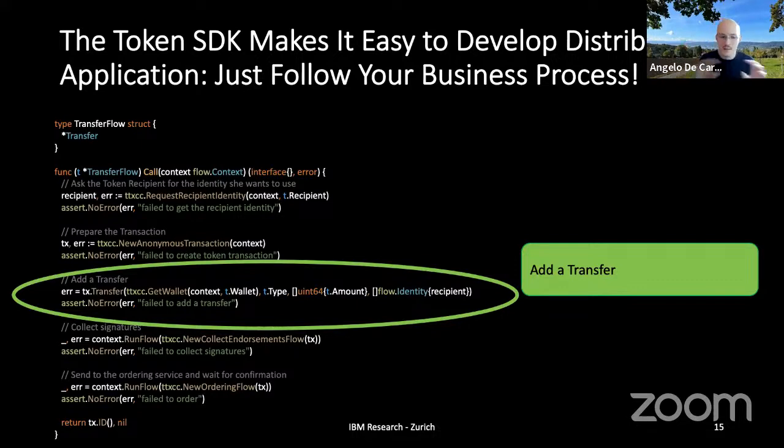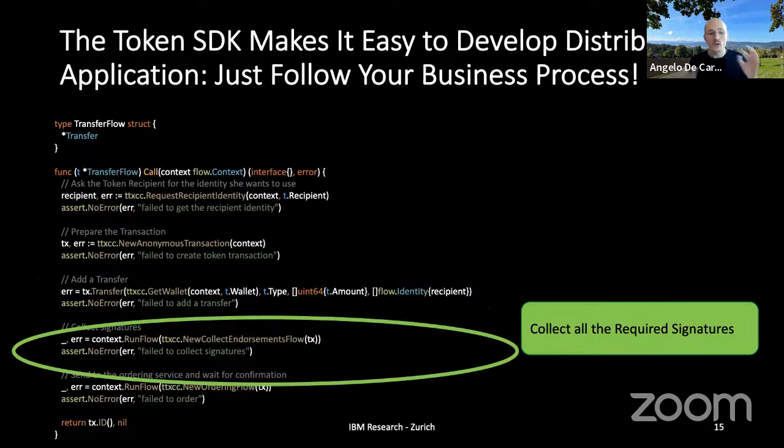So in one line, this call to the token API loads the token request with all the relevant information. Now the token request is ready. We need to perform all that complex protocol that I described before. But from the point of view of the token API, we just have a single call, collect endorsements. It takes care of everything.